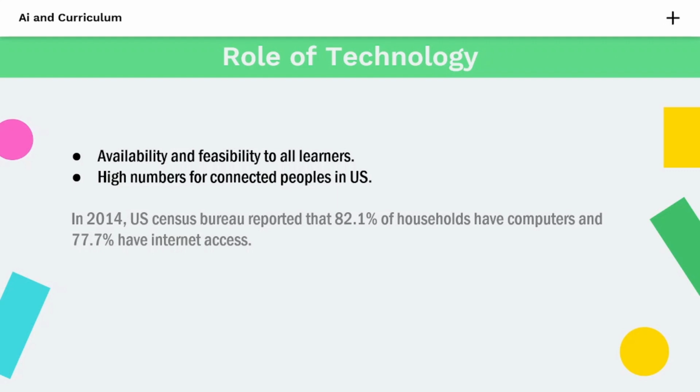So for AI, all the heavy lifting is done in the cloud. What we have in our hands or on our desktops are shells that just carry that information for us. So based on these numbers, we could safely say that if you have internet access, so 77.7% of US households can get access to generative AI.